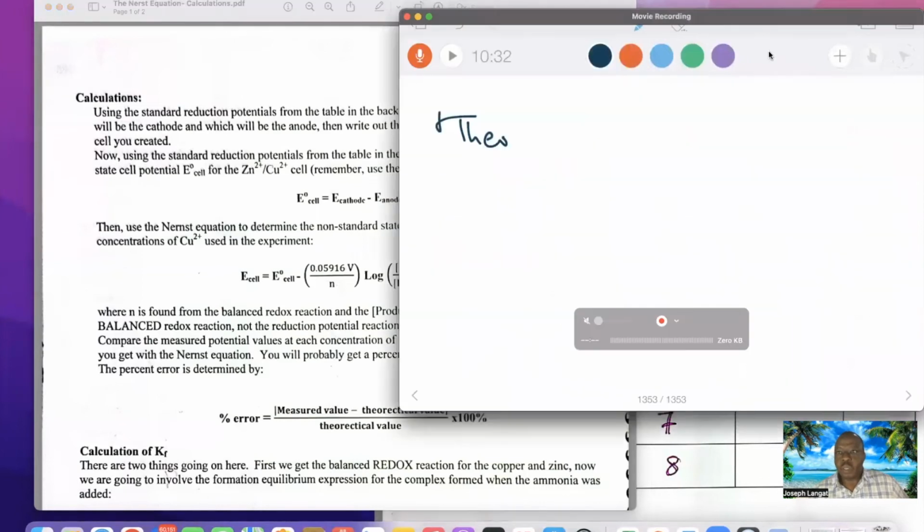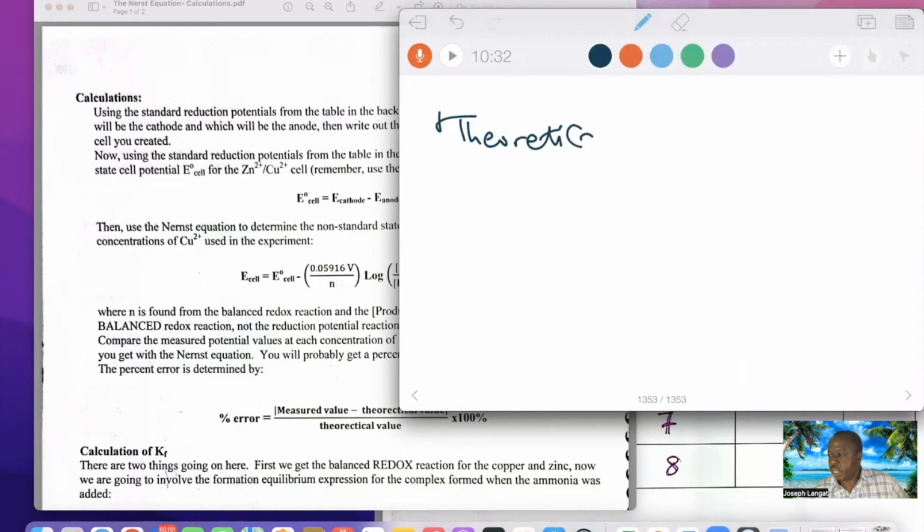Theoretical is from the Nernst equation.